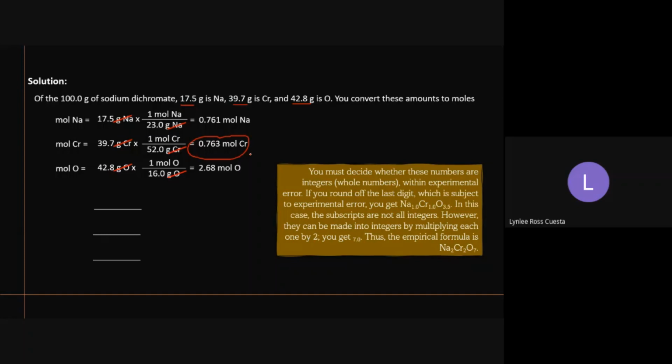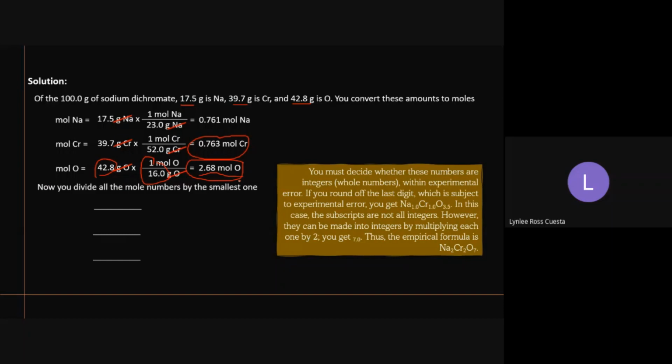So you simply multiply 42.8 times 1 over 16, and then we will be having the product of 2.68 mole of oxygen.